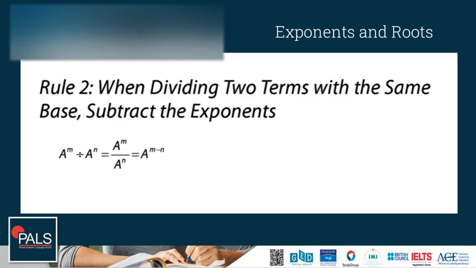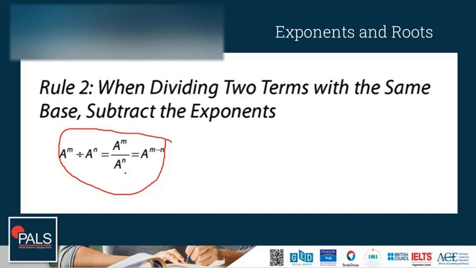Rule number 2. When dividing two terms with the same base, subtract the exponents. And here's the definition of the rule. On the GED test, you may see division written with the usual division symbol, or you may see it written as a fraction.